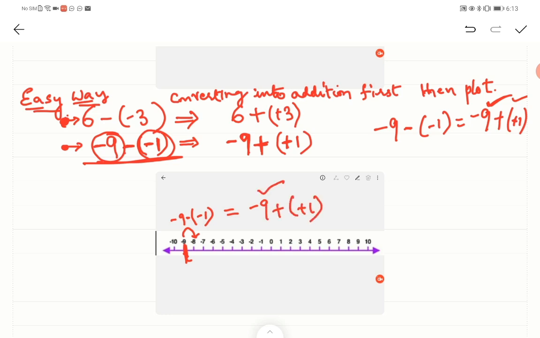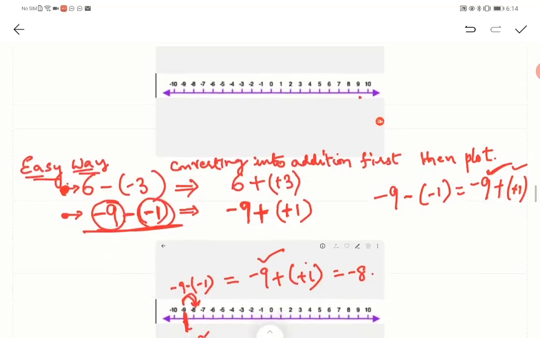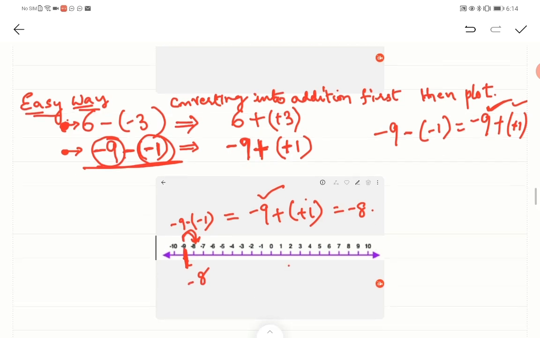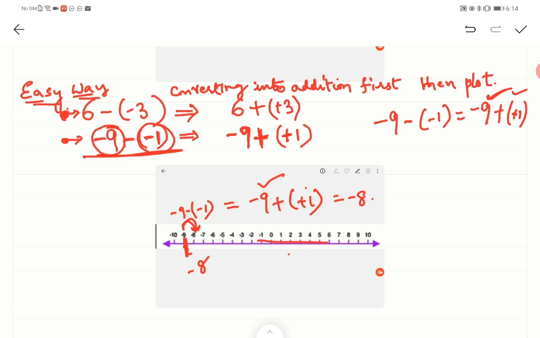So from number minus 9 we have come here, and one step moving forward. So your answer is minus 8. Okay, so it's very simple, students. In order to avoid any kind of confusion, just convert the given subtraction problem into addition, then go for plotting on the number line.